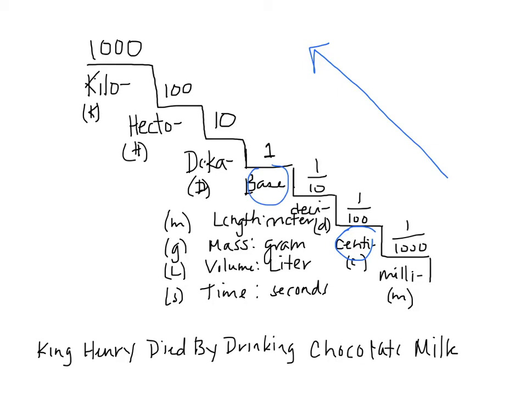Alright? So say we have 10 centimeters, and we want to know how long that is in meters. So think about your meter stick and where 10 centimeters would fall on it. Do we have a whole meter or do we have a portion of a meter? Hopefully you're saying a portion of a meter.